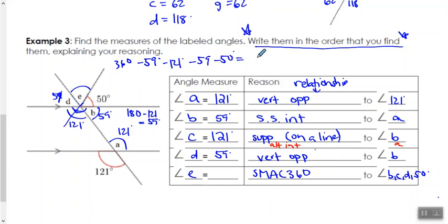It's going to equal the same thing as 360 minus adding all these things up. You get 289 degrees. So 360 minus 289 is 71 degrees. So E will be 71 degrees because the sum of the measures of the angles in a circle is 360 degrees. And we have angles B, C, D, and the 50-degree angle to thank for that information.